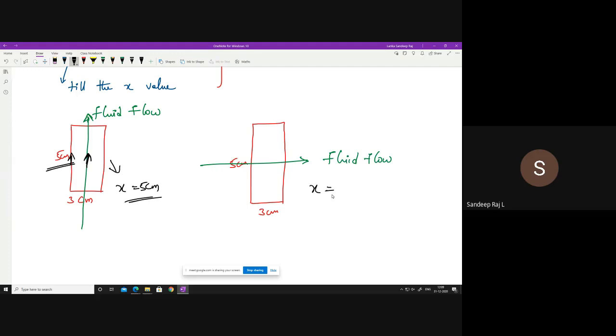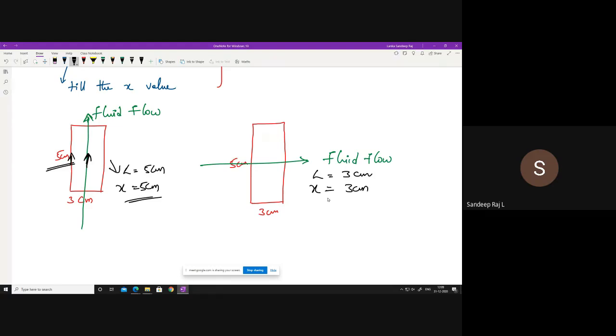Here in this case, what is the parallel dimension to the flow? It is 3 centimeters. So x or L should be taken with respect to the dimension that is parallel to the flow. Sorry, this should not be 5 centimeters here. I should write 3 centimeters here. Right? Is it clear to you all?